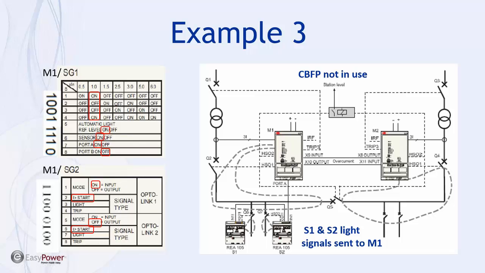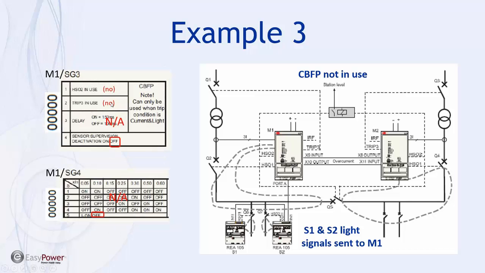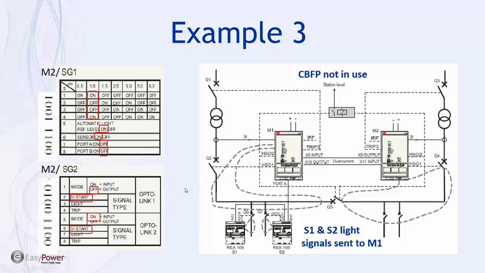That's when the current measurement exceeds the pickup, and then the fault detector is active, so you're receiving a pickup signal from the other main unit, and you're also transmitting this pickup signal to the other main unit on Optolink 2. We're not using breaker failure. We're not using the ground pickup in this case, 3-phase CT inputs.